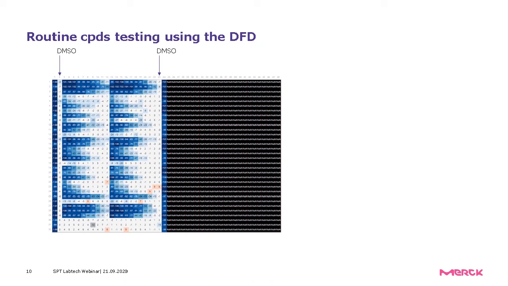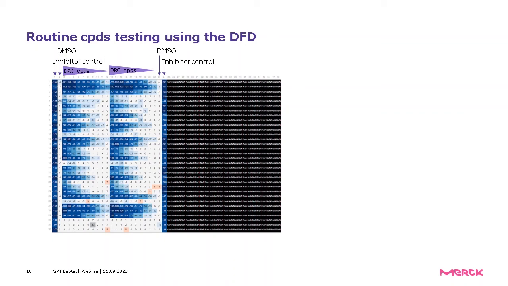What we have here in the second row, and then on the very far right, in this column, is our DMSO neutral control. Next to this, no, the animation is not working. We have the inhibitor control, and in between these controls, we have the dose responses of the compounds in duplicates.